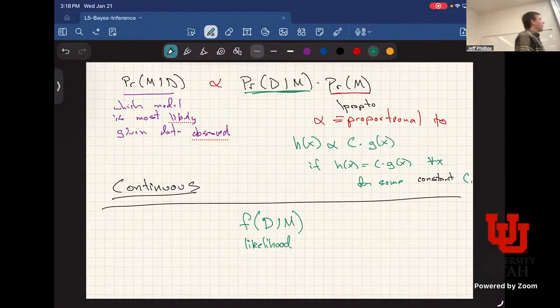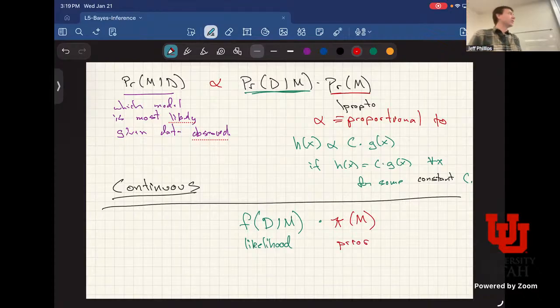Whenever I'm looking at the PDF of the data given the model, this is a probability density function where I can input the space of the data. It's a little complicated: I have n data points, each data point might be a real value, so I have n arguments in here, and the model is given. This will be a continuous function, times the prior. The prior we will write as pi of M. It's a different function.